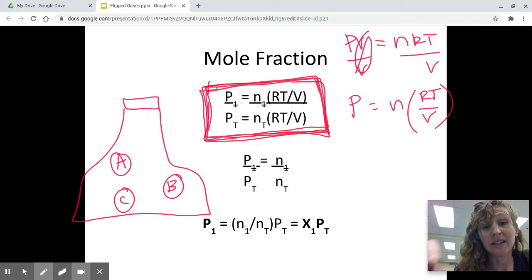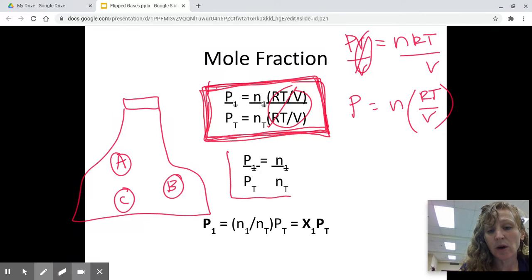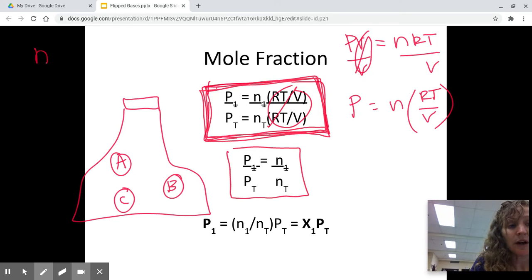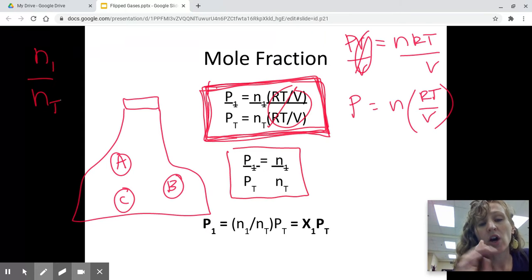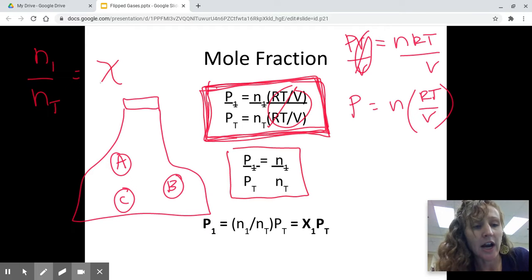And hopefully you said yes. RT over V is the same on the top and the bottom, so that actually can simplify out of the equation, and this is what we're left with. Now notice N1 over NT, the moles of part of it over the moles of the whole, is what? You guessed it, it's mole fraction.